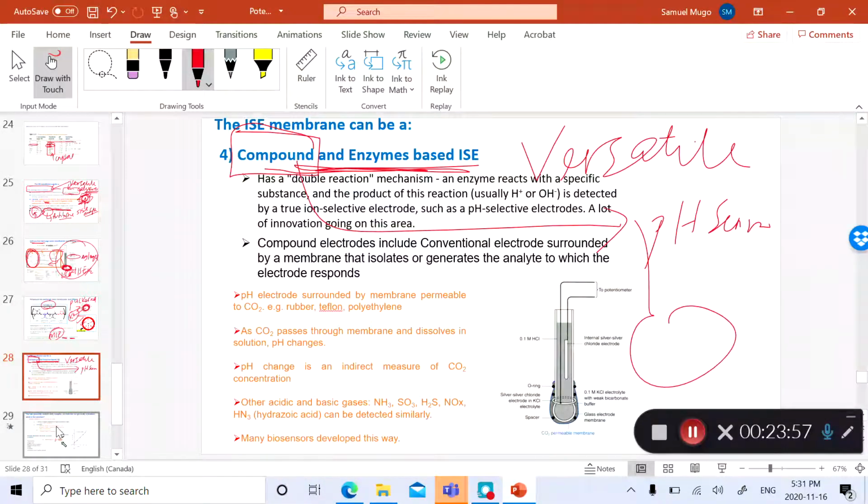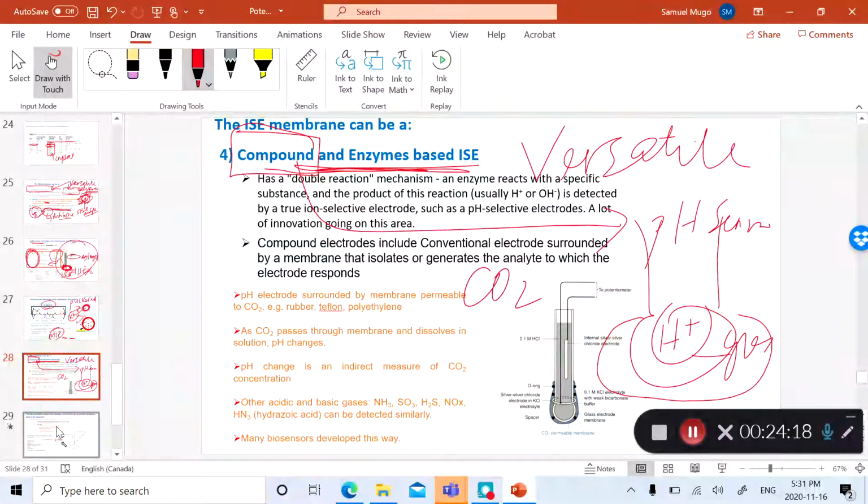A pH sensor that is glass, and we know that it is responsive to hydronium ion. And all I need to do is I can have another membrane here that only allows certain types of molecules in. For example, I can make a CO2 ion selective membrane using a pH electrode, where, in this case, I've got, say, water inside this membrane, and then I've got a membrane that only allows carbon dioxide to seep through.